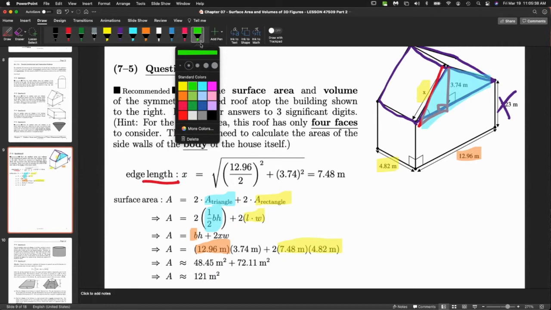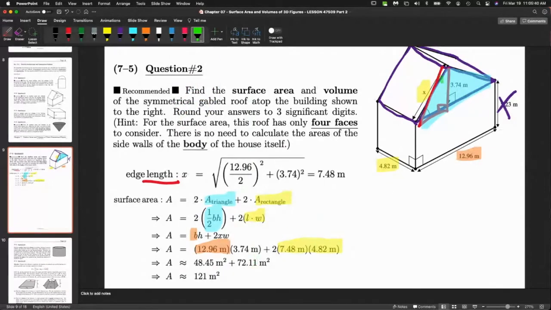Let's use green. So the height of the triangle is this number here, 3.74. So there's a lot of colors happening there. Hopefully I haven't made you dizzy, but that's how there's no factor of a half here. See, these twos cancel. I deliberately manipulated the formula first before actually going to do that.